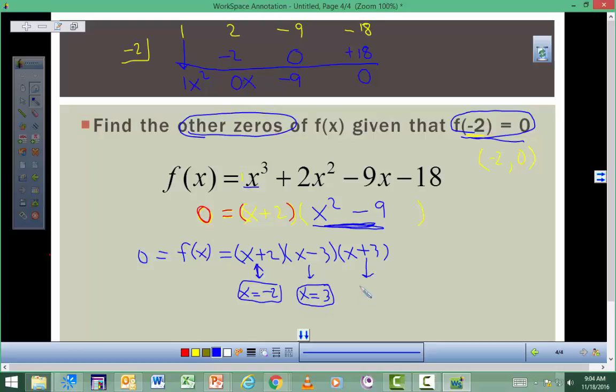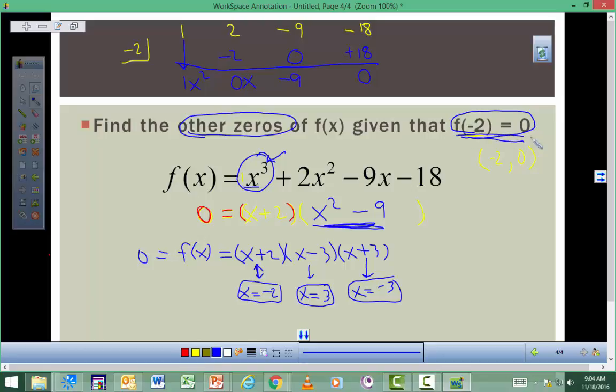And this one, x is equal to -3. So you found 3 of the zeros. And that's the most you can have when you have a cubic equation. See, the degree of the polynomial is 3. So basically it means you're going to have 3 zeros. And sometimes those zeros are the same zeros, but most of the time they're different.